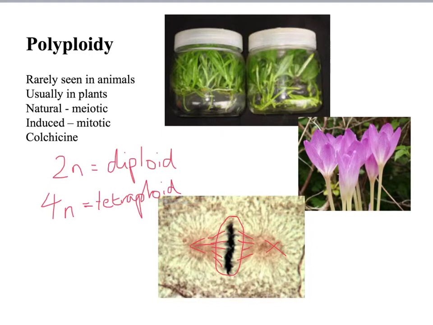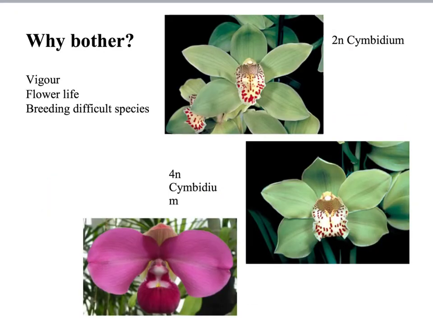Now, why would a grower bother going to the effort of producing tetraploid plants? As with all of these things, it's because tetraploid plants are worth money. If we look at the green flowers, the one at the top, as we can see, we have written next to it, it's a 2N, so this is the normal diploid, but the one below it is 4N, so it's tetraploid.